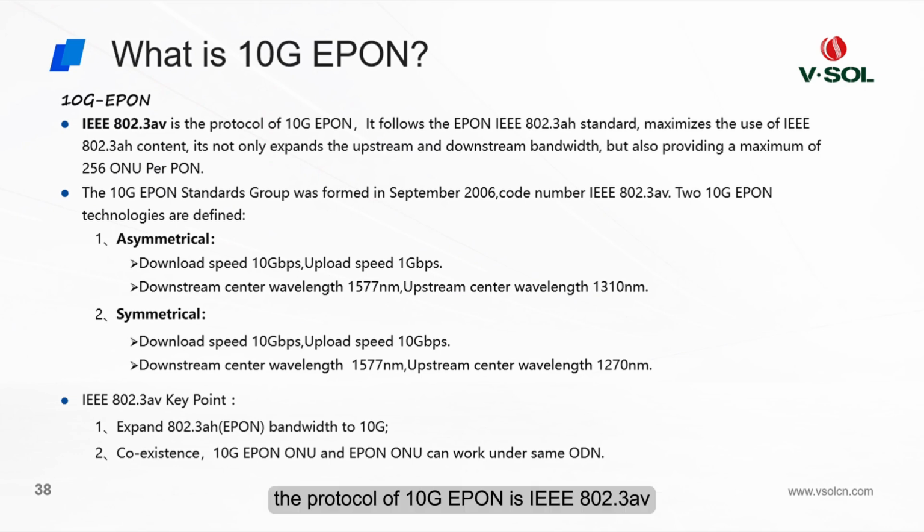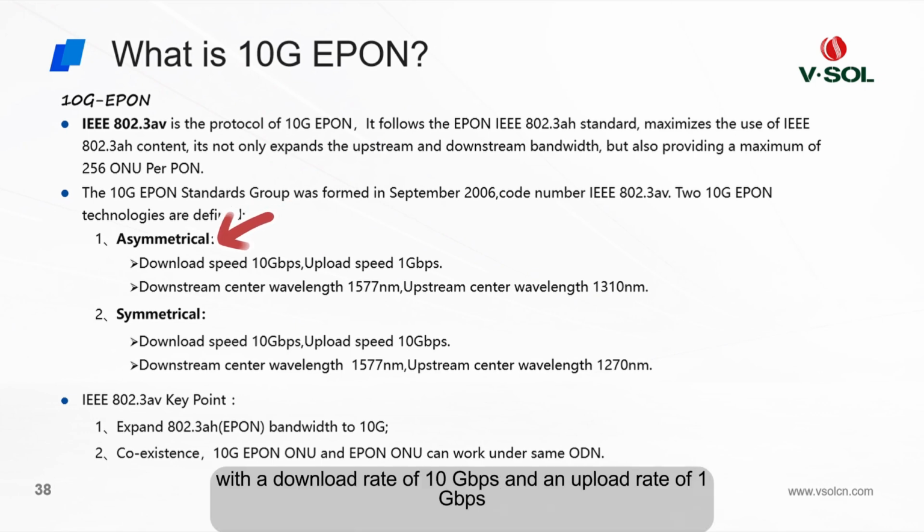The protocol of 10 gigabit EPON is IEEE 802.3av, established in September 2006, which expands upload and download bandwidth and supports a 1:256 split ratio. This protocol defines two types of 10 gigabit EPON technologies. One is asymmetric, with a download rate of 10 Gbps and an upload rate of 1 Gbps.